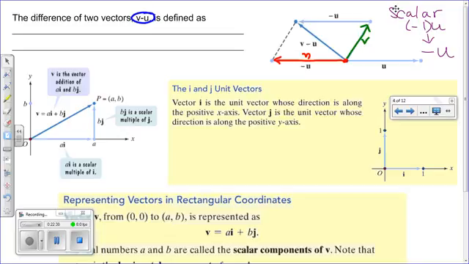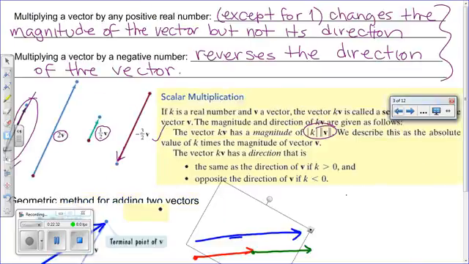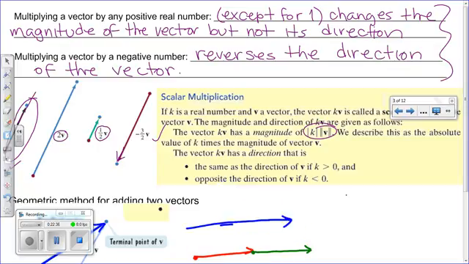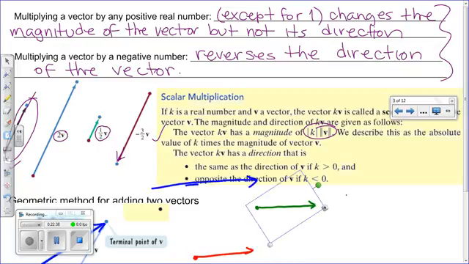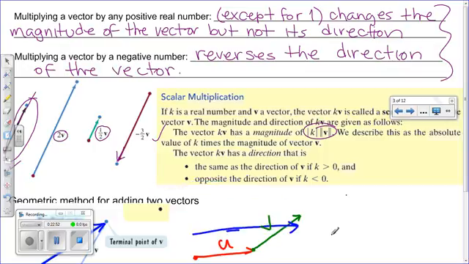So then we use the same rule that we used before, where we put the terminal point of the first vector, which is here in red, plus the other vector, which is here in green, and then the resultant vector was the one that went from the initial point to the terminal point, okay?